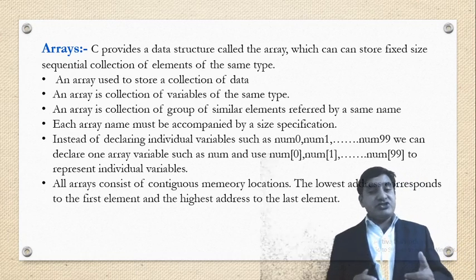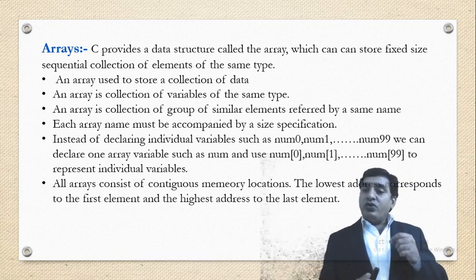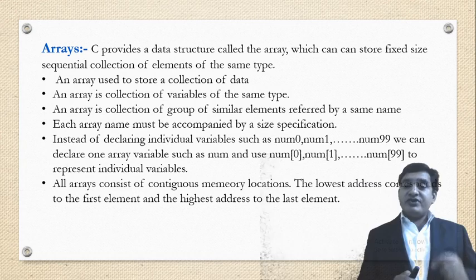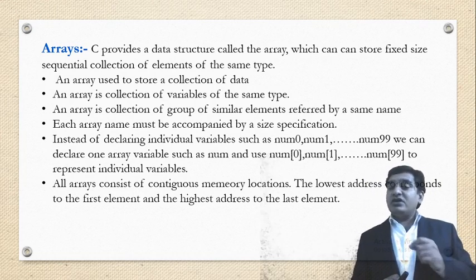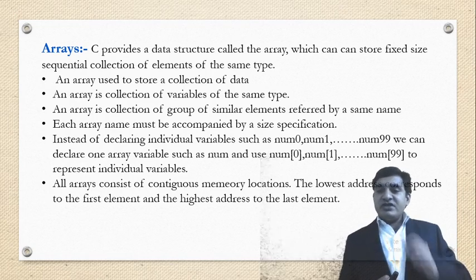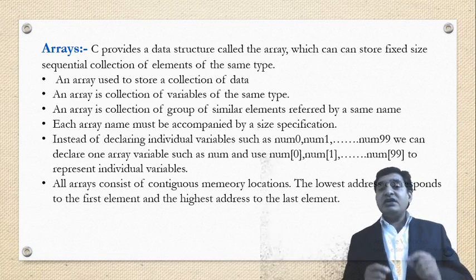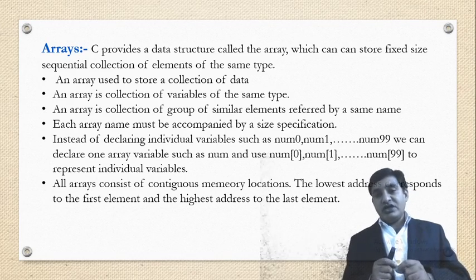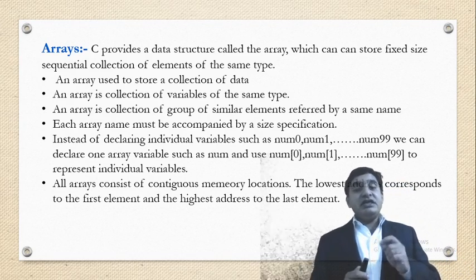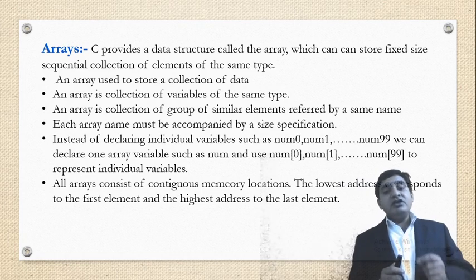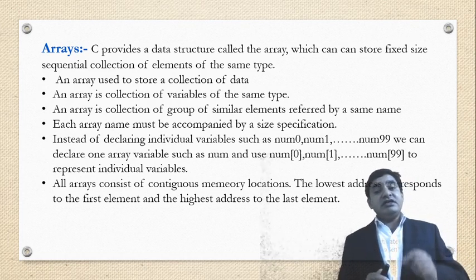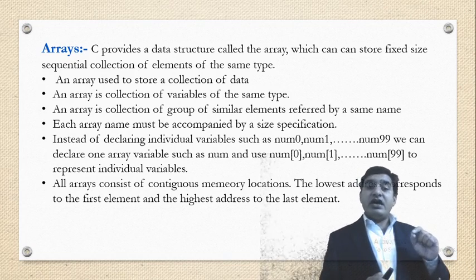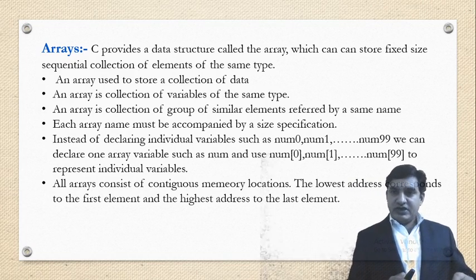All arrays consist of contiguous memory locations. The lowest address corresponds to the first element and the highest address to the last element. The first element is considered as 0, and the last element is the one given by the size of the array.